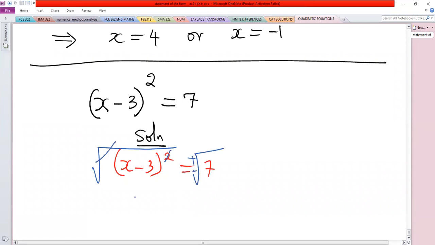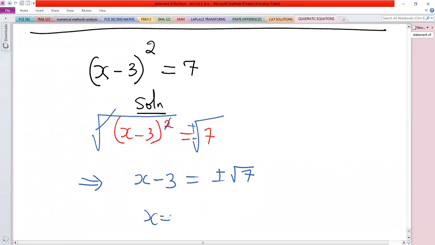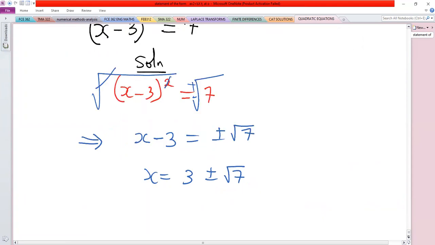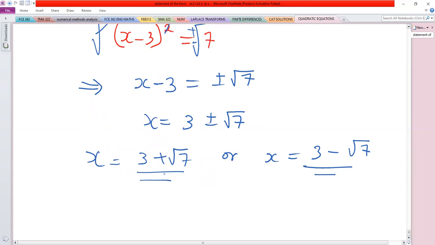So this and this cancel out. So it implies x minus 3 equals plus or minus root 7, which tells us that x will be 3 plus or minus root 7. So therefore, x equals 3 plus root 7, or x equals 3 minus root 7. So these are the solutions to that given problem.